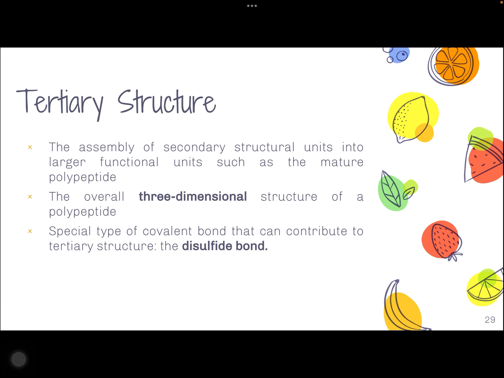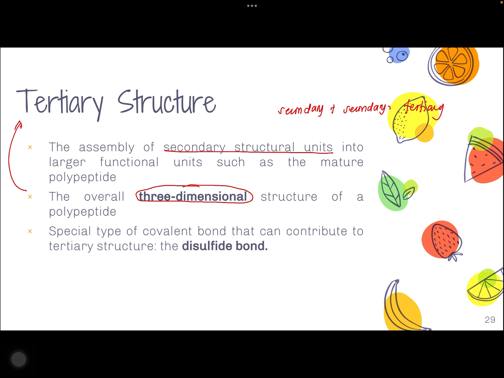Your tertiary structure is the assembly of secondary structural units. So, your secondary plus secondary equals your tertiary, into larger functional units such as that of a mature polypeptide. The overall three-dimensional structure of a polypeptide is your tertiary structure.